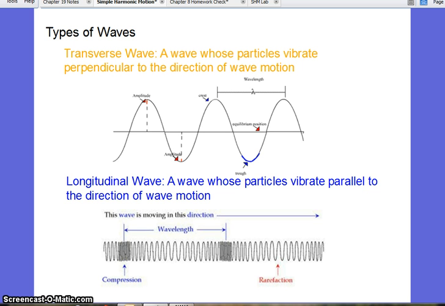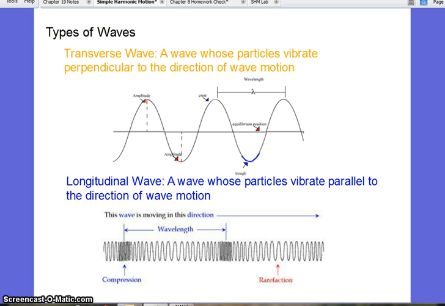There's two types of waves that we want to talk about. The first type of wave is a transverse wave. This would be like light. Light is a transverse wave. This is a wave whose particles vibrate perpendicular to the direction of the wave motion, or its propagation, as we like to say. So if the wave is moving to the right, the particles, or in the case of light, it would be an electromagnetic field, would be moving perpendicular to the direction of the motion.